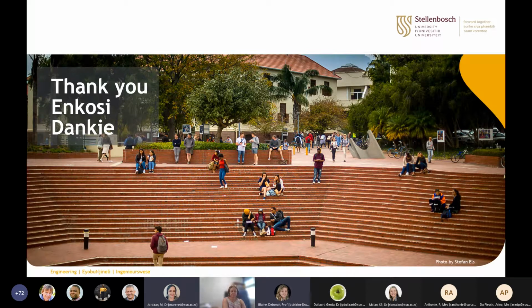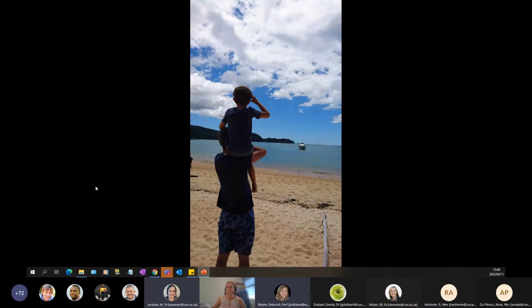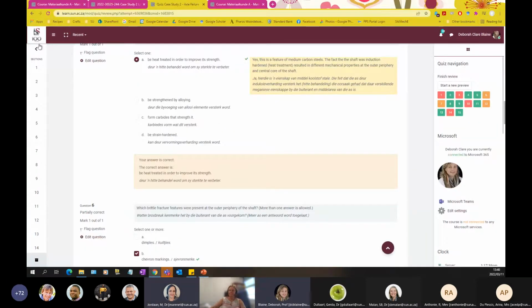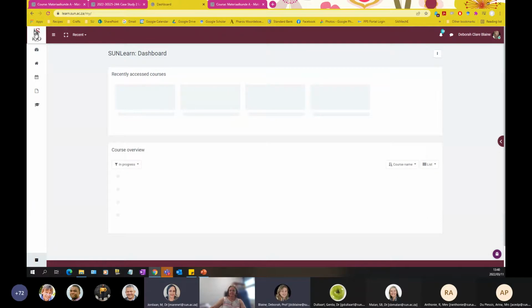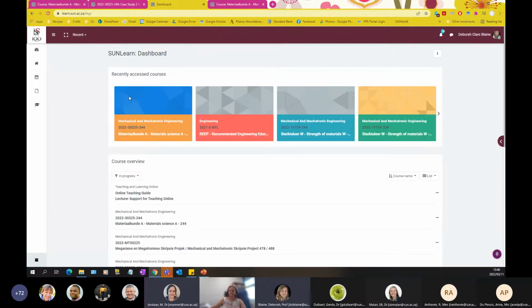And my question will always be about Sunlearn's restrictions, Sunlearn not being as creative as I would like it to be, if I can put it like that. So how do you make Sunlearn appear as engaging as that?